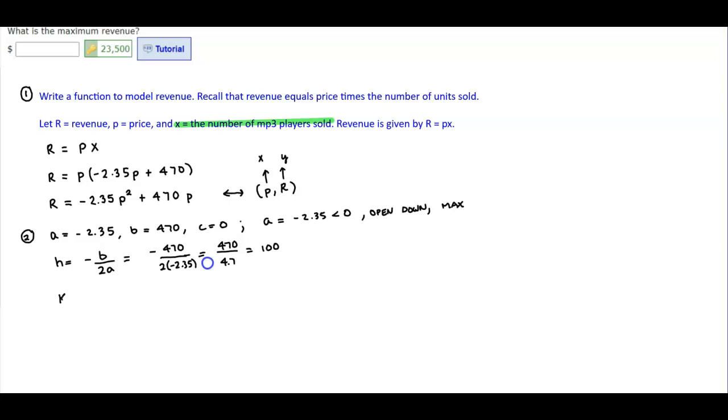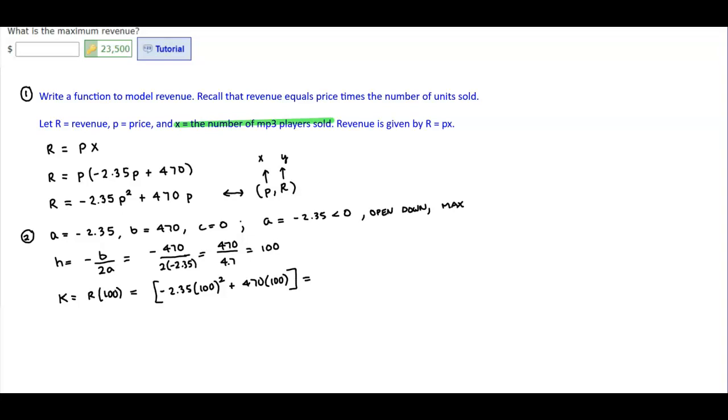Now if we want to find the value of k, we want to find f of 100, or in this case, not f of 100, but R of 100, since R is the function name. So we plug in 100 for P: negative 2.35 times 100 squared plus 470 times 100.